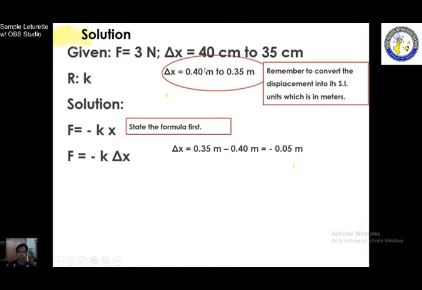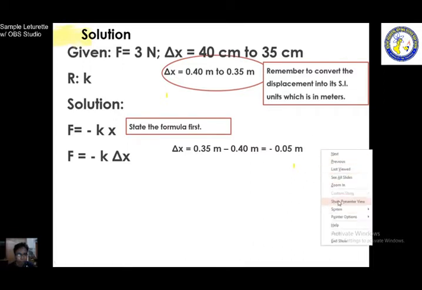So probably the spring was being compressed. So change in x equals 0.35 meters subtracted by 0.40 meters, which will give you negative 0.05. Recall that change in x is x final minus x initial. Diba, the delta is the symbol for change.